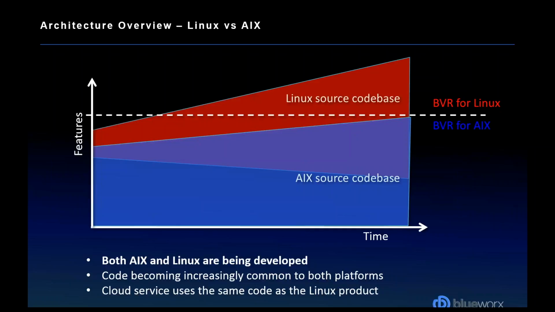So features we add into Linux that are advantageous for our customers, we're going to add into the AIX platform as well, to benefit our current customers and new customers who are interested in Power hardware in the AIX platform. And as Dean said, I'm going to highlight this again, the cloud service is based upon the Linux code base. So it's a Linux product running on Intel, running in SoftLayer, running in AWS.